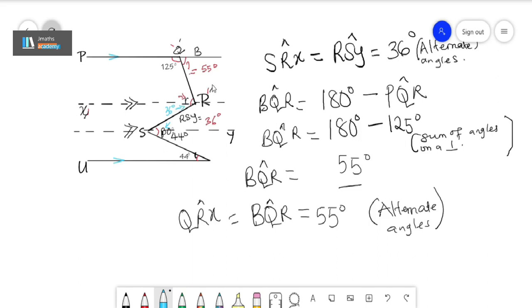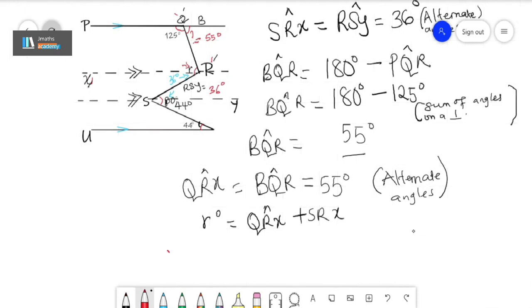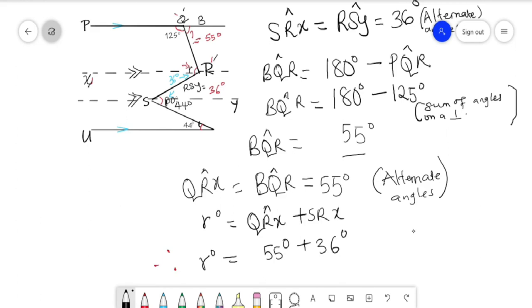So to find R, we have angle QRX plus angle SRX to give us the full value of R. Therefore, we have R to be equal to 55 degrees plus 36 degrees.